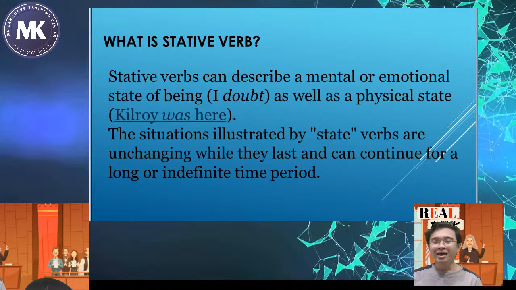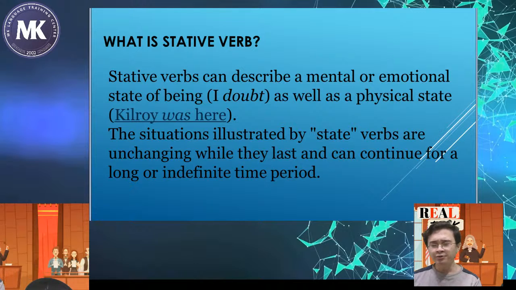The situations illustrated by stative verbs are unchanging while they last, and can continue for a long or indefinite time period. Commonly, most stative verbs are somehow unchanging. Probably it is constant, or we can say that some of them last or continue for a long or indefinite time period.